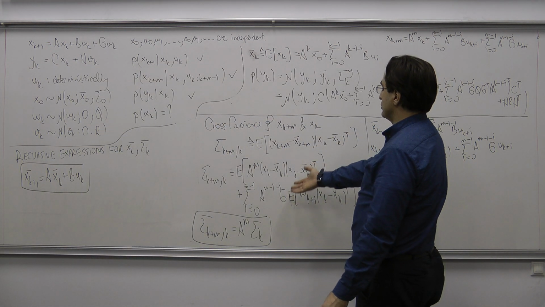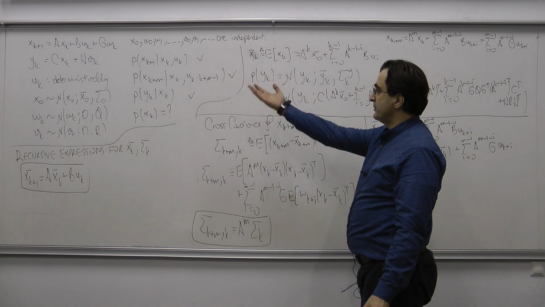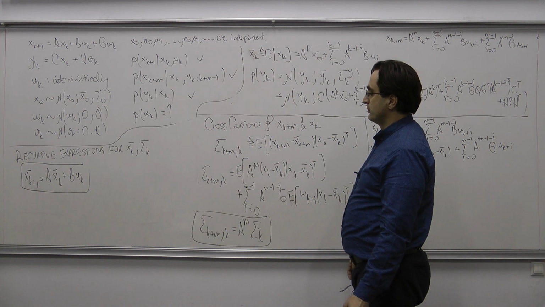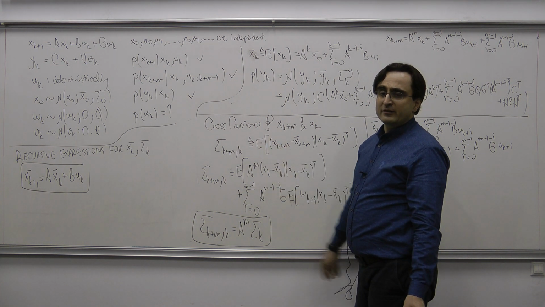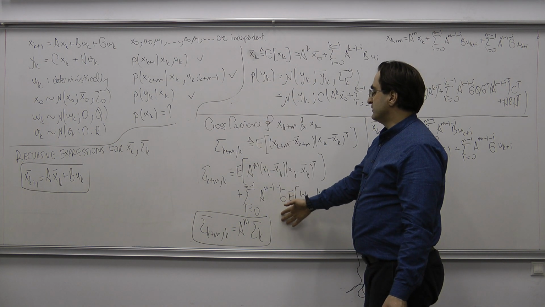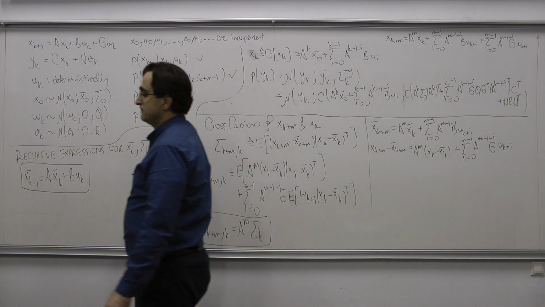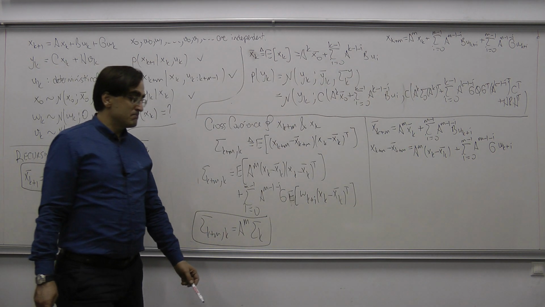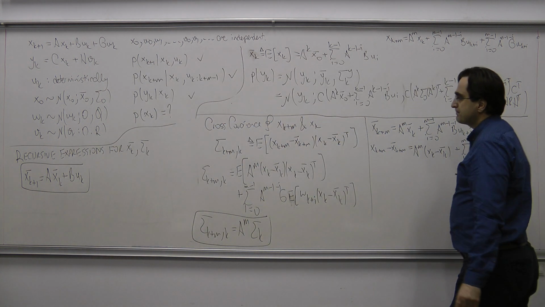And here, if you look at these covariance formulas, they are also independent from the deterministic inputs. Because the uks are always deterministic in our system definition here, they do not enter into any covariance expression at all. They only appear in the mean formulas.